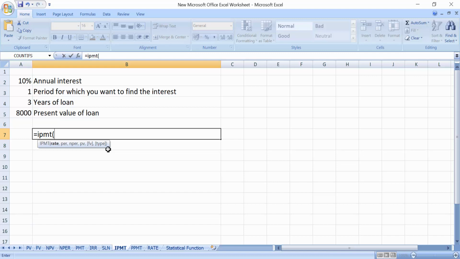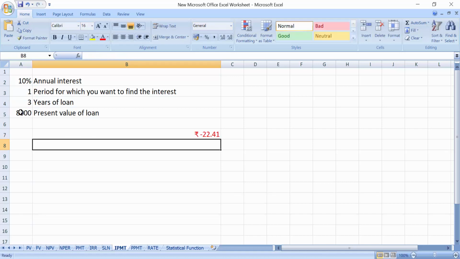ठीक है. तो यहाँ पे भी मैंने एग्जाम्पल दिया है लाइक IPMT इन ब्रैकेट फॉर एग्जाम्पल पहले रेट, अगेन डिवाइड बाय 12, मंथली करना है. ठीक है. देन period for which you want to find the interest, for example here like period 1 year, लेकिन हमें 3 years of loan है, so it is multiplied by 3, and then year of loan 3 and present value 8,000.